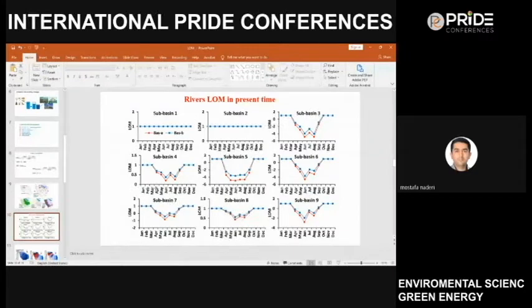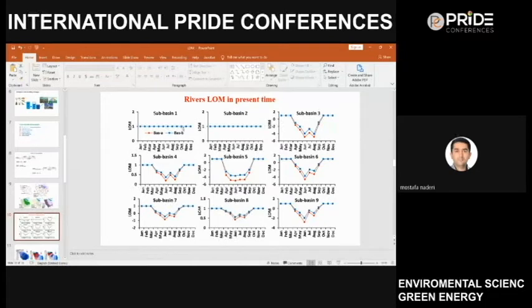Okay, rivers LOM in percentile. As you can see, the monthly level of management in subbasin 1 and 2 is 1 during all months because no water is abstracted from the river. So the total available water after supporting the ecosystem flow requirement and human water use is equal to the initial available water.